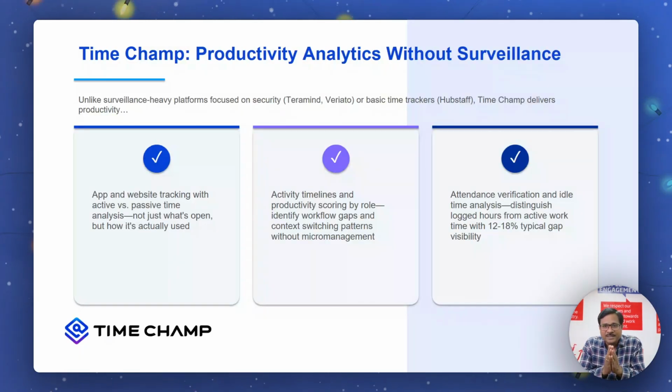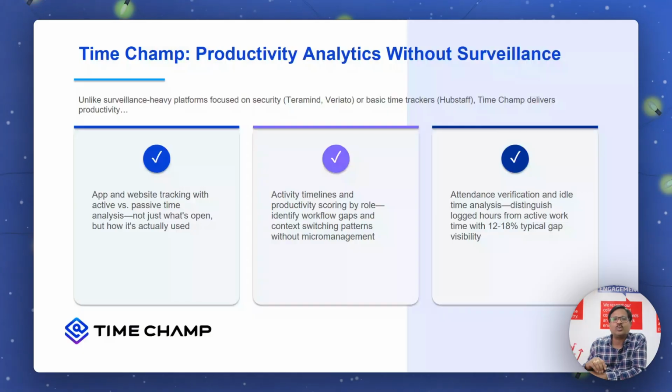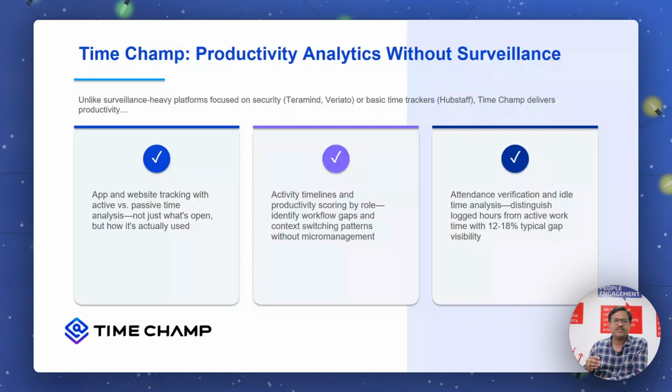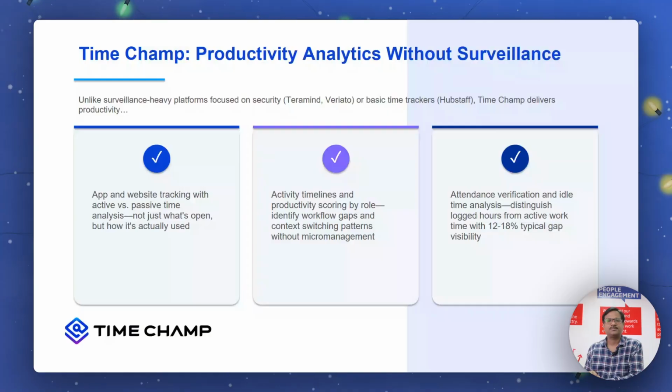Now, where does TimeChamp fit into this roadmap? TimeChamp provides the app and website tracking, idle time analysis, productivity scoring, activity timelines, and attendance verification you need for every single phase of this framework.